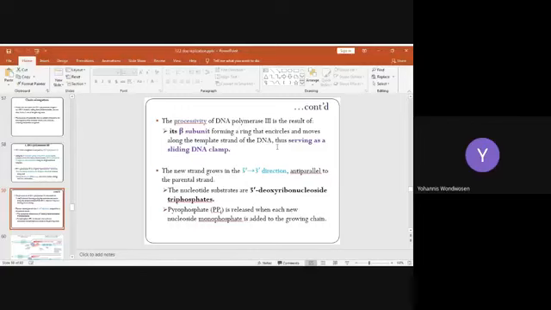The DNA polymerase beta subunit acts as a clamping unit to move along the parental DNA strand in order to undergo the proofreading activity. The new strand grows in the 5' to 3' direction and anti-parallel to the parental strand that is present in the 3' to 5' direction. And the nucleotide substrates are 5' deoxyribonucleoside triphosphates.